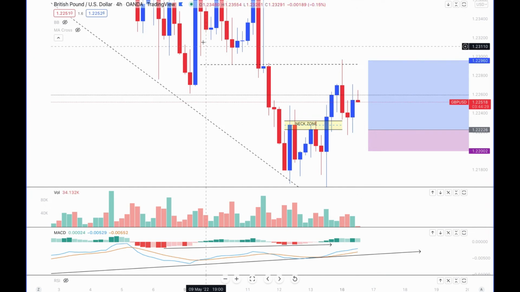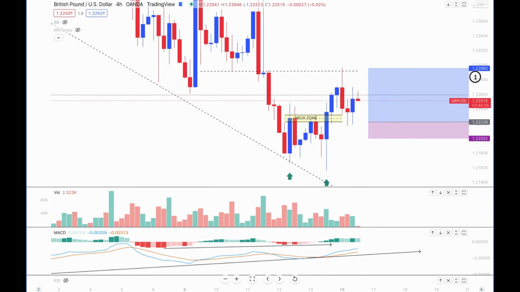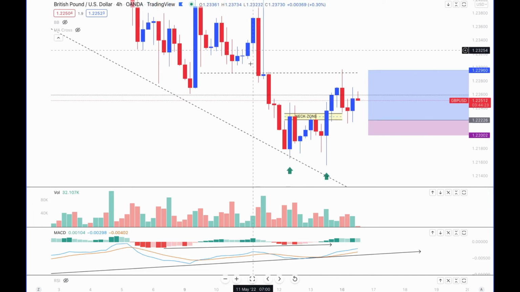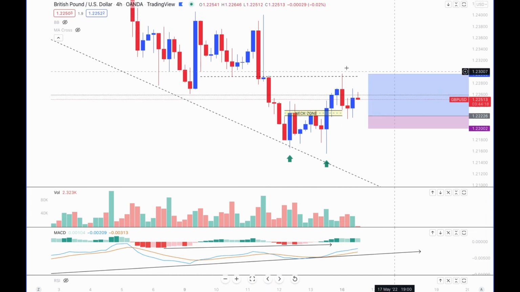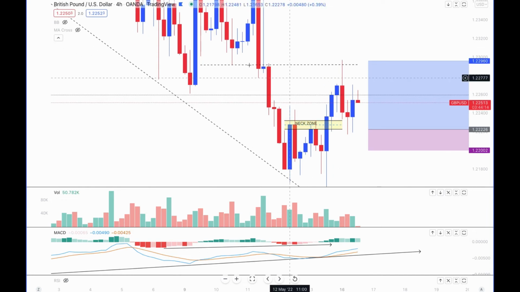Because we see price comes, bounces off this area, which is support. Bounces up, closes below it. Next candle, we have a very weird looking bullish candle with a gigantic wick. Nonetheless, price closes below it. Next candle retraces to it.